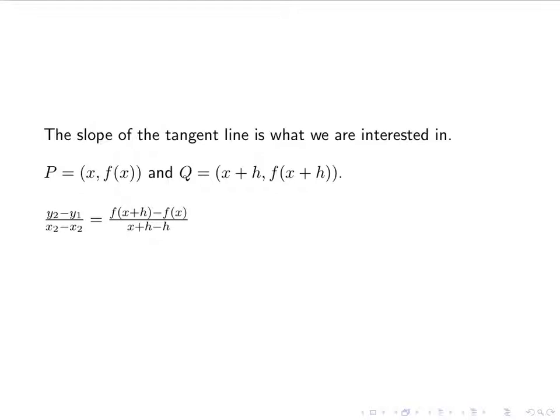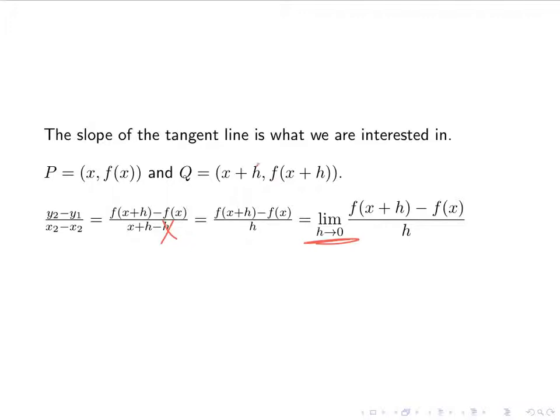So I plug it in, and then I notice that x plus h minus x is h. And then again, what we're interested in is the limit of this function as Q goes to P, and that is the same thing as h going to 0.